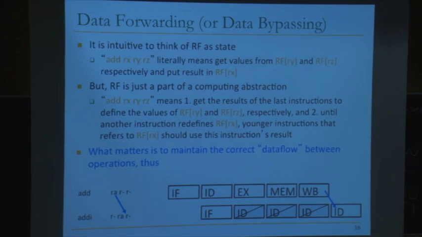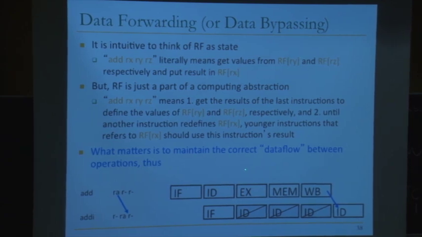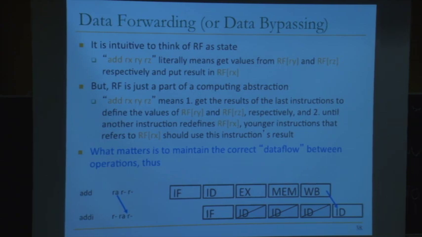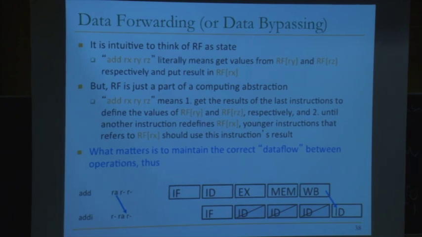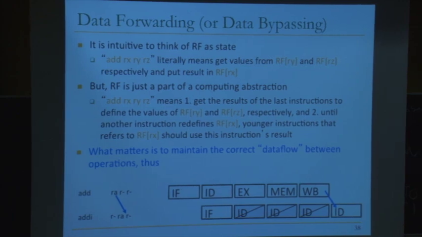So what really matters is the maintenance of the correct data flow between the operations. Right? So you don't really need to wait until data is written to memory, as long as you maintain the correct data flow. Remember data flow architectures? Now we're moving to that a little bit. We're trying to communicate the data correctly between different operations, between producer and the consumer.